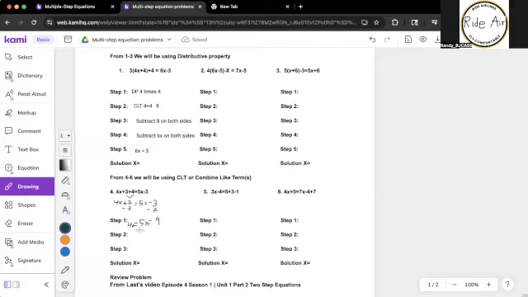I will subtract 5 from 4. Since 4 minus 5 is negative 1x, my solution to this is negative 1x equal to negative 9, which would give me a solution of positive 9.